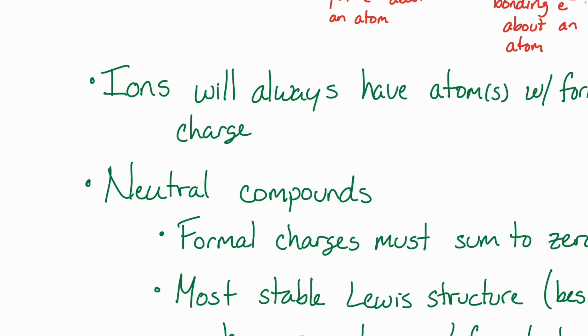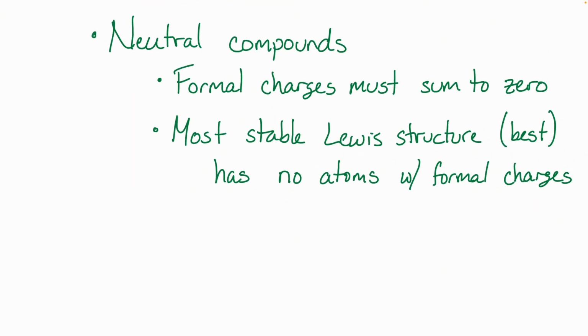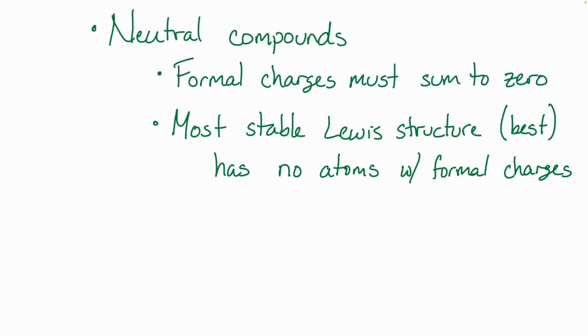So again, our most stable Lewis structure has no atoms with formal charges. Okay? If it's impossible to draw a Lewis structure with no formal charges, all right, we want that negative formal charge on the most electronegative atom.